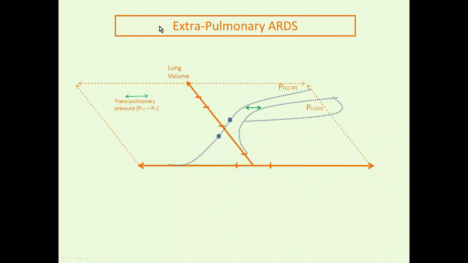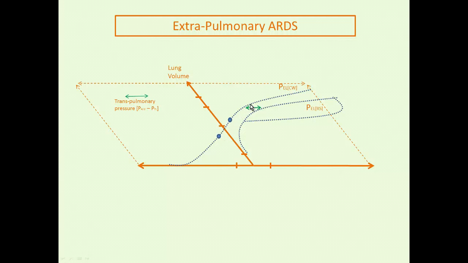And again, this is extrapulmonary ARDS, which is typified by a very low chest wall compliance as opposed to a low pulmonary compliance. And so this shift downwards, normally the chest wall compliance curve would run up here, but the shift downwards and to the right of the chest wall compliance curve means that there will also be a downshift in the respiratory system compliance curve, because the chest wall partially makes up the respiratory system, but also because pleural pressure tracks the changes on the Campbell diagram of the chest wall compliance curve.